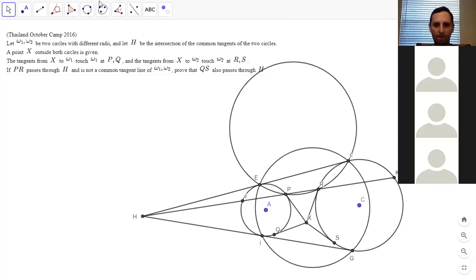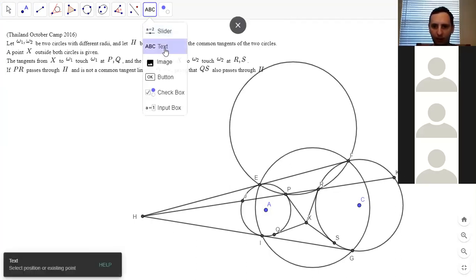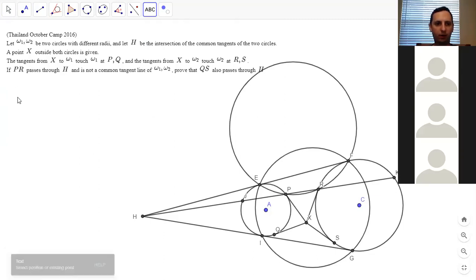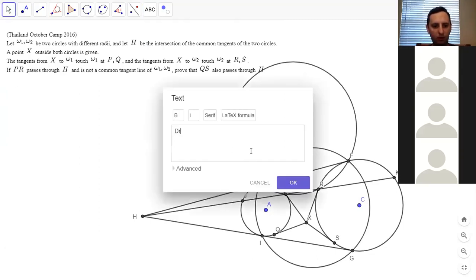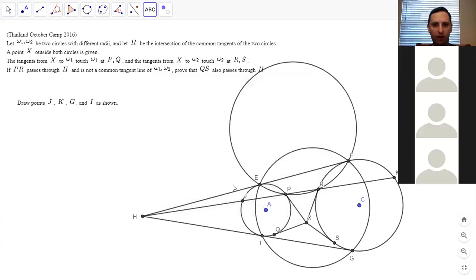So I'll just say draw points J, K, G, and I as shown. And then by a homothety at H, triangle HEP is similar to HFK.